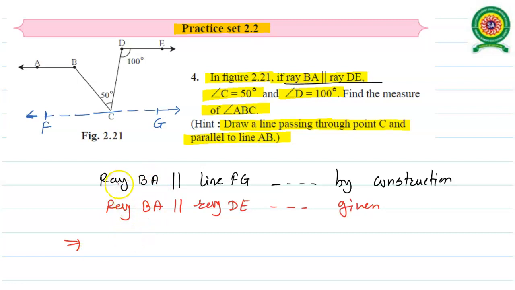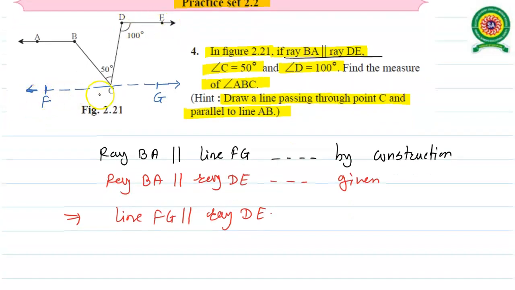So by those two statements, once ray BA is parallel to FG and ray BA is also parallel to DE, then line FG is parallel to ray DE. And once ray DE is parallel to FG, there is a formation of interior angles, EDC and DCG.